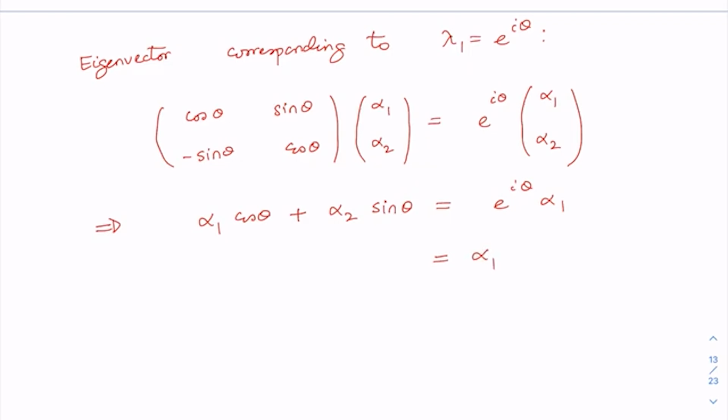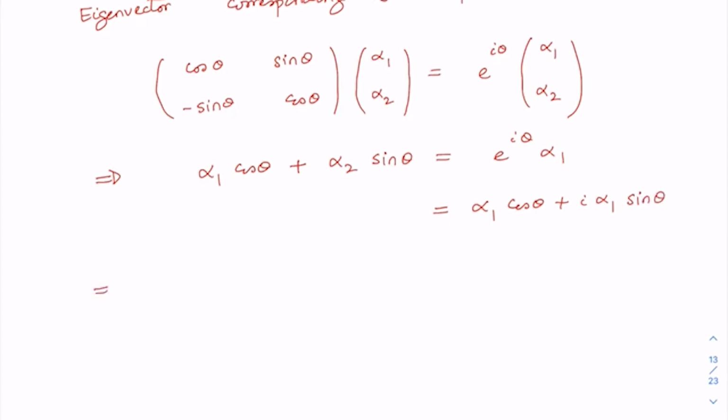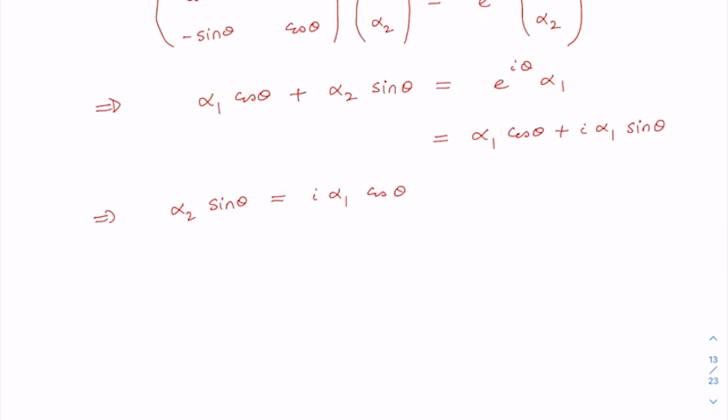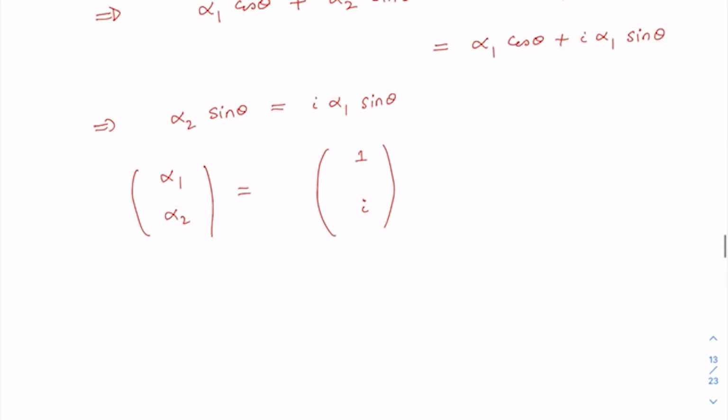I will have here alpha 1 cos theta plus i alpha 1 sine theta. If I consider both sides, then I have alpha 2 sine theta is equal to i alpha 1 sine theta. This means that if I take alpha 1 equal to 1, then alpha 2 has to be equal to i.